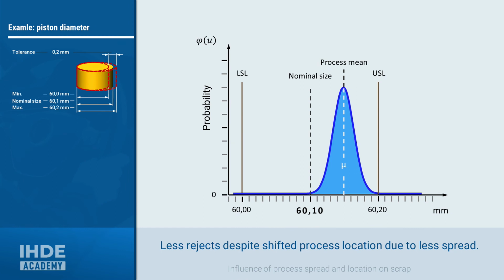In addition to the spread, these also take into account the process location. In this example, this would be calculated from the difference between the upper specification limit and the process mean divided by 3 times the standard deviation and should not fall below a specific value. However, the topic of process capabilities is the content of another lesson.